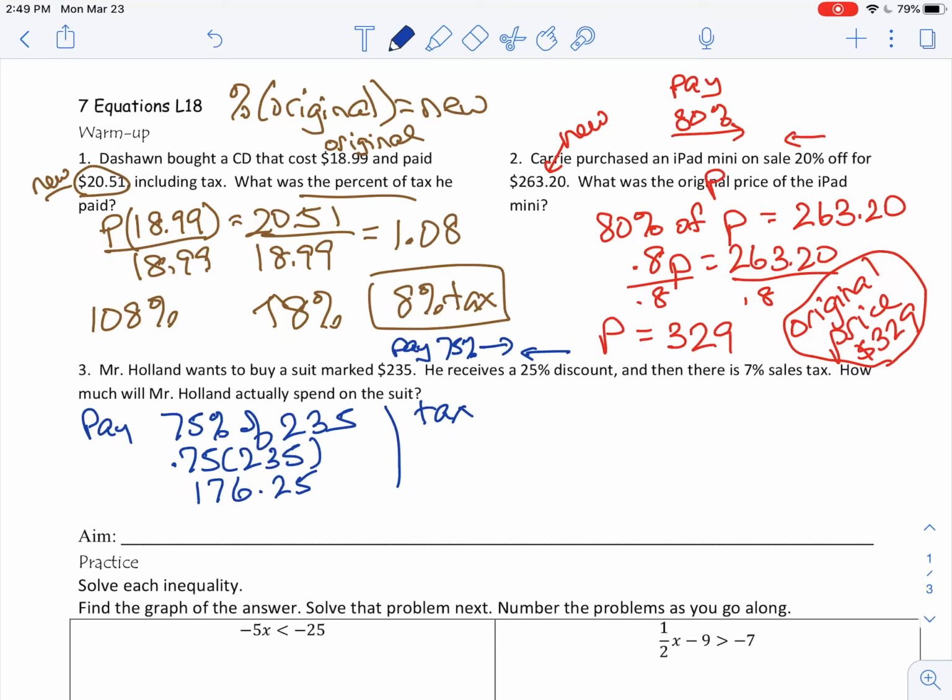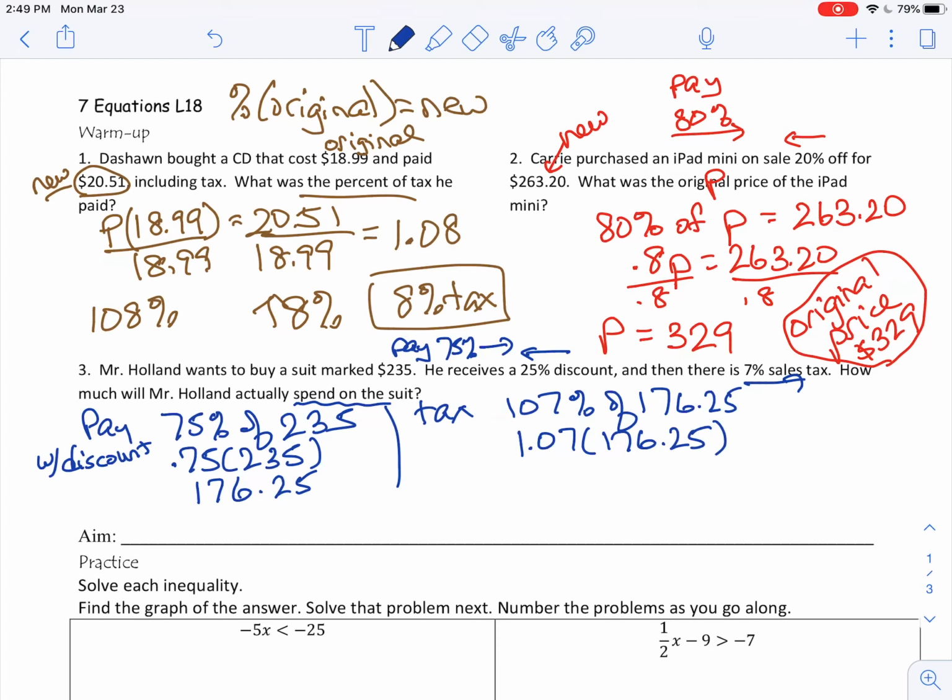Use your calculator. And now we have to add the tax. This is pay with discount. And now we have to pay the tax. And it's a 7% sales tax. So that means we're going to pay, we want the whole entire thing. So we have to pay 100% plus the 7% of the total cost.